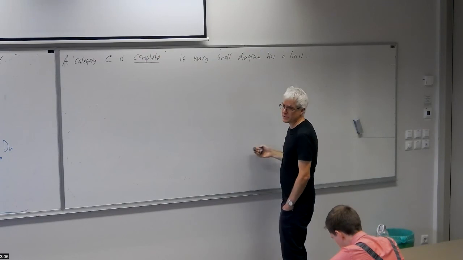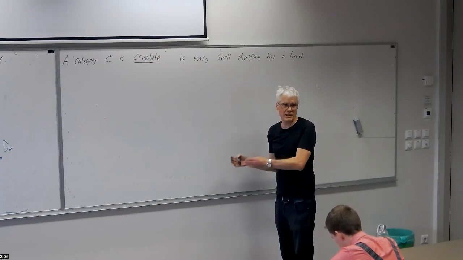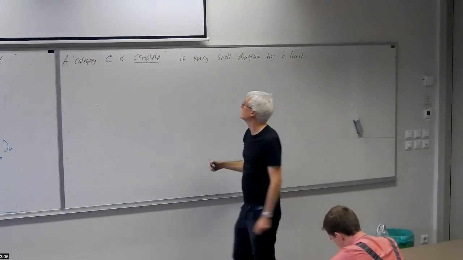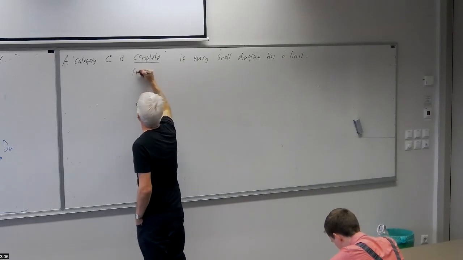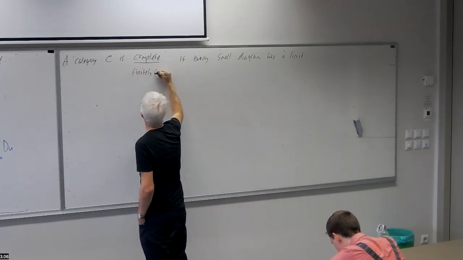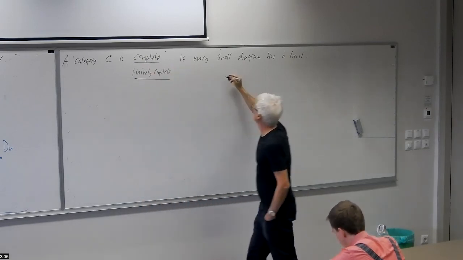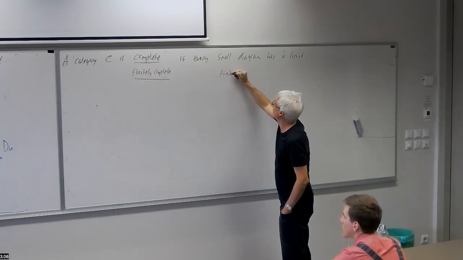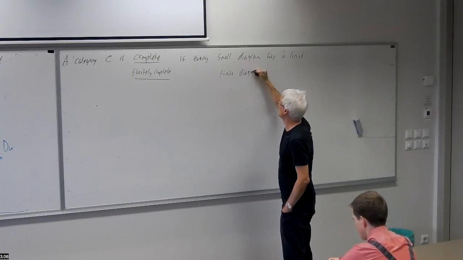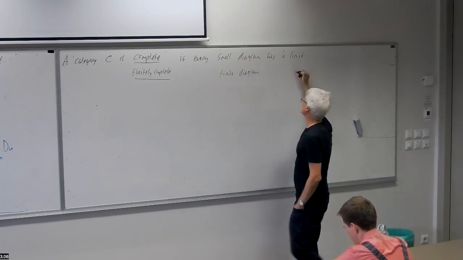A small diagram is a diagram whose shape is a small graph. And it's finitely complete if every finite diagram, that's a diagram whose shape is a finite graph, has a limit.